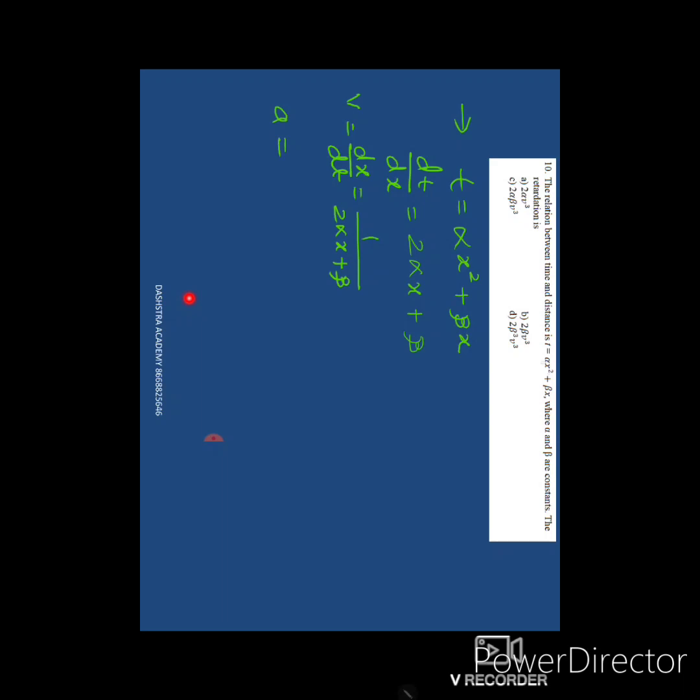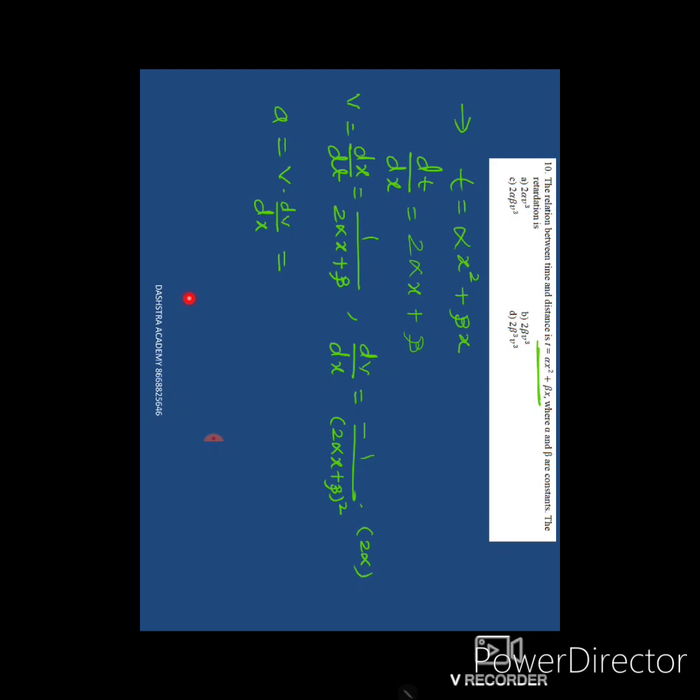Since we have to calculate the acceleration or retardation, and we know that when the equation is given in terms of x, we use the formula a is equal to v into dv by dx. Correct? That means we have to further differentiate this. So this will become minus 1 upon (2 alpha x plus beta) whole square into 2 alpha by chain rule. Now put the value here.